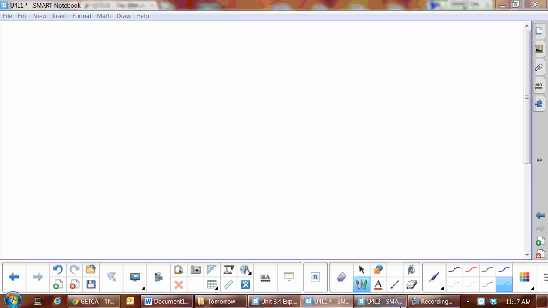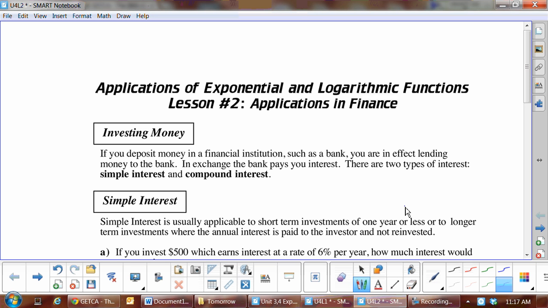Okay, so let's do probably the most basic need for all this, logs and powers and everything. It's to deal with compound interest. Compound interest is one of the most common needs for solving for n.